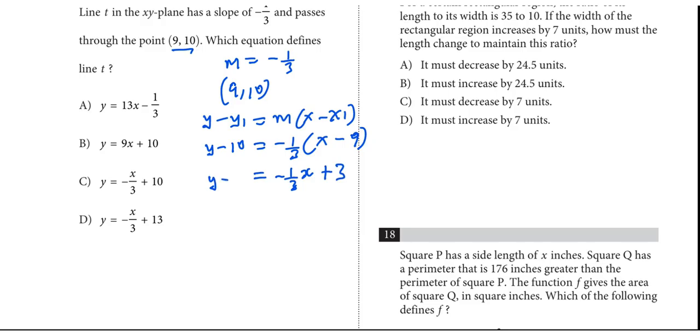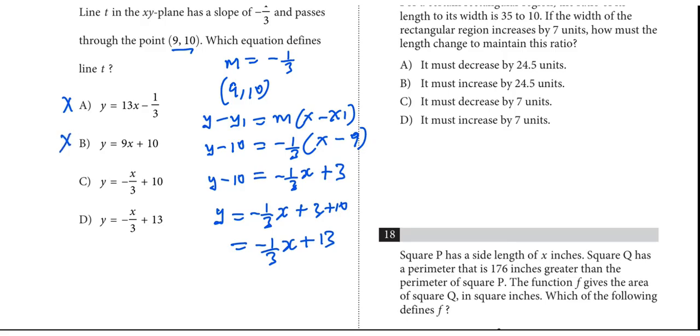So y minus 10 equals this. We can add 10 to both sides, and y will be equal to negative 1/3 x plus 3 plus 10, which finally gives negative 1/3 x plus 13.